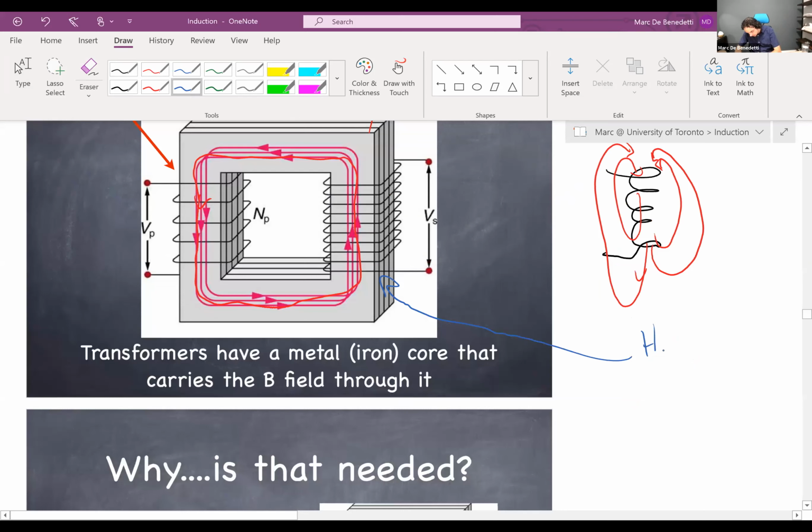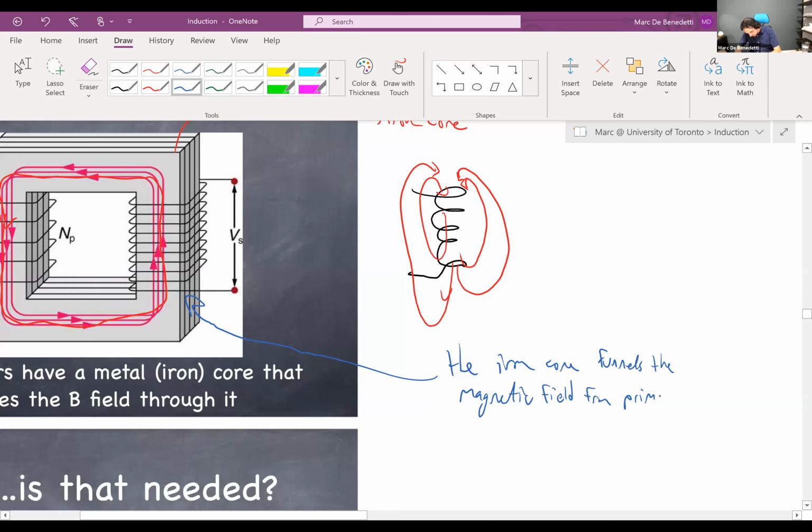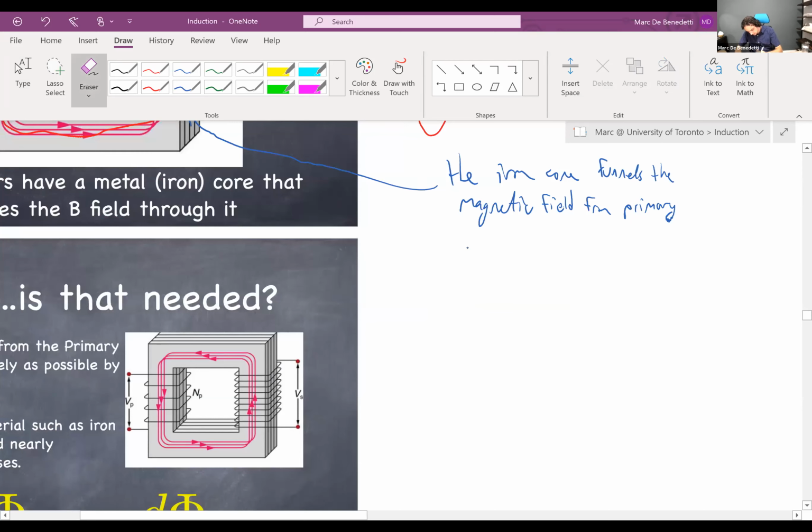I'll say the iron core funnels the magnetic field from primary through the secondary.